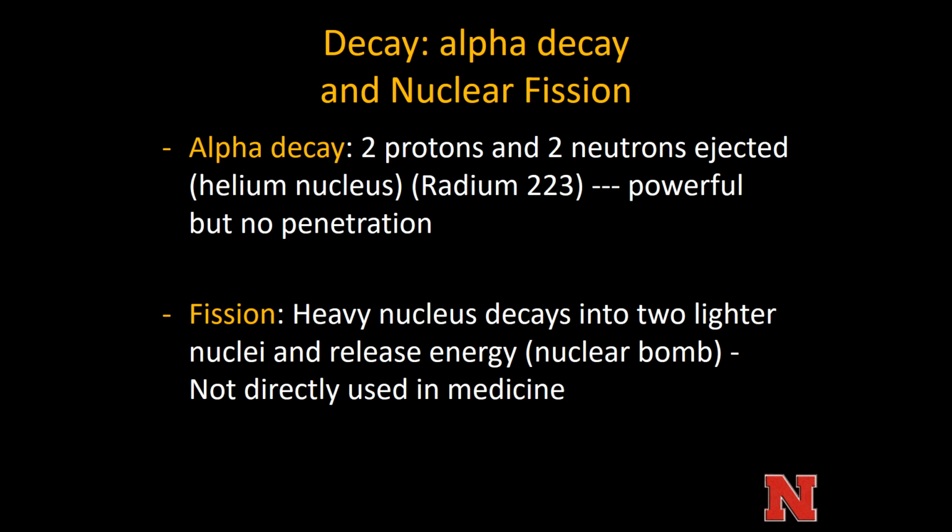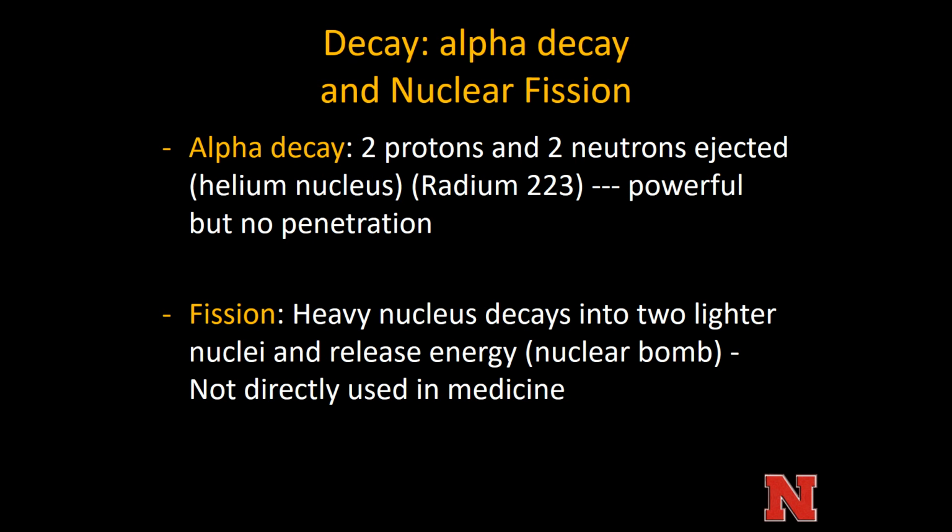We use it in nuclear medicine to treat osseous metastases because if you look at the periodic table of elements, radium is right there by calcium and behaves similar to calcium, so it will go to sites of bone turnover, like in a prostate cancer patient with multifocal metastatic disease in their skeleton.